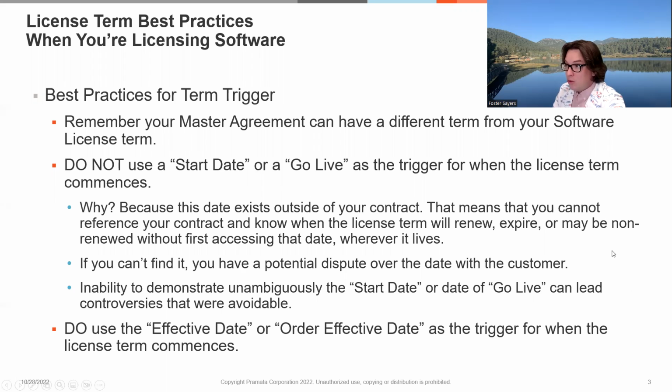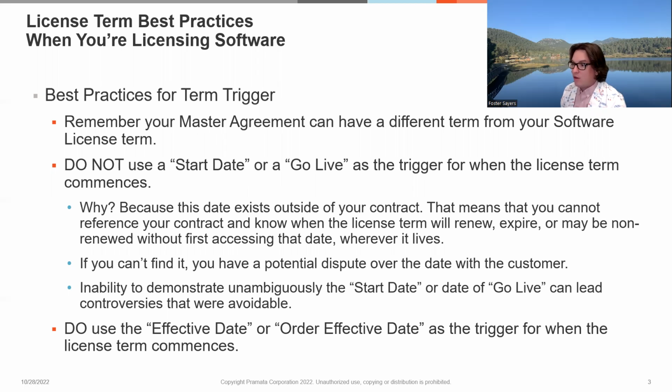Well, you do use an effective date or an order effective date as the trigger for when the license term commences, right? And so if you define effective date as the date both parties sign the document, same with order effective date, or you define it as it is October 31st, 2022, whatever the case may be, you want it to be unambiguous.